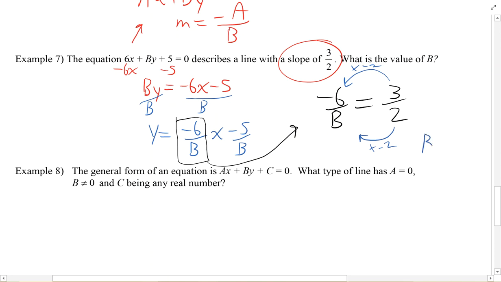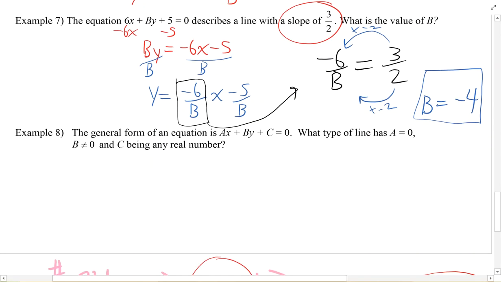So b equals negative 4, okay? So you can use the equivalent fractions idea to figure it out. So that's kind of a weird question, but more for the experts. Number 8 is more for an expert question as well.